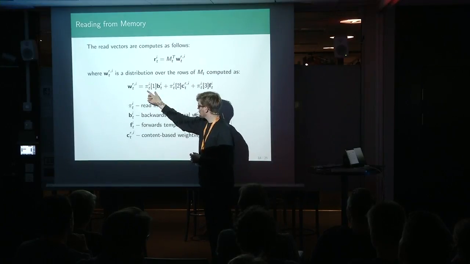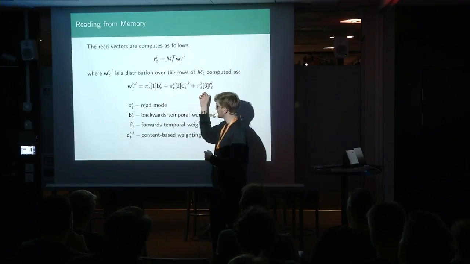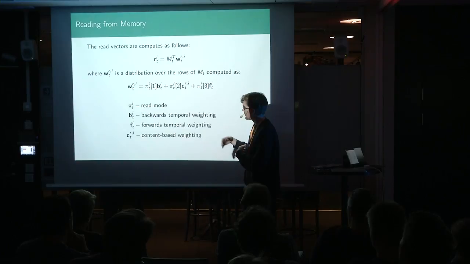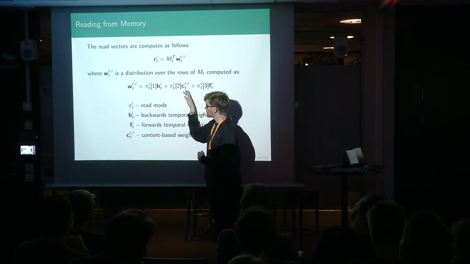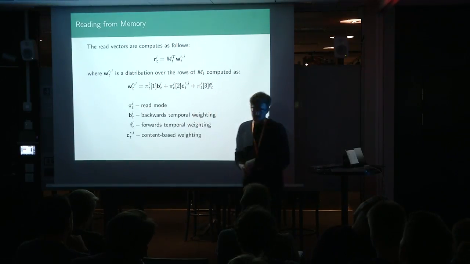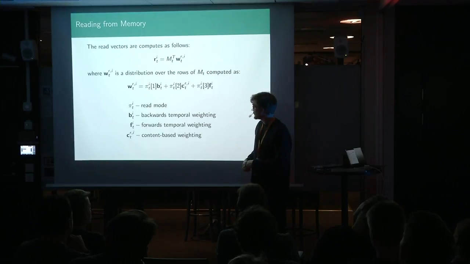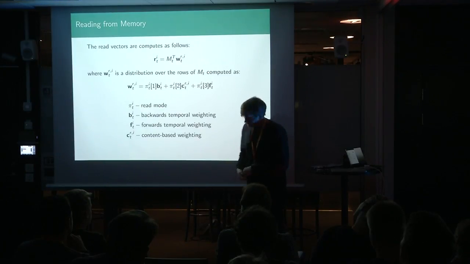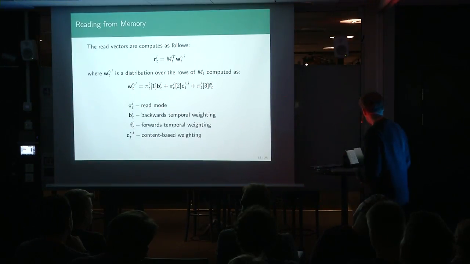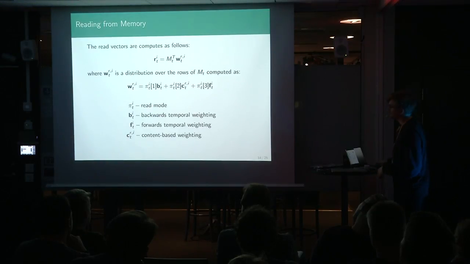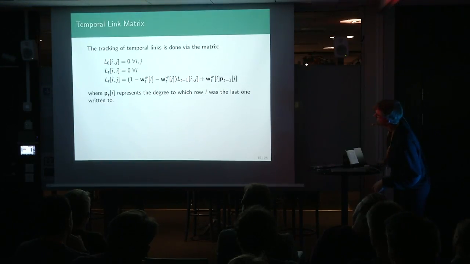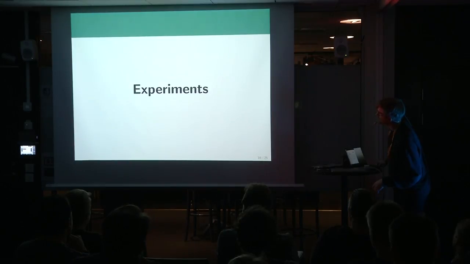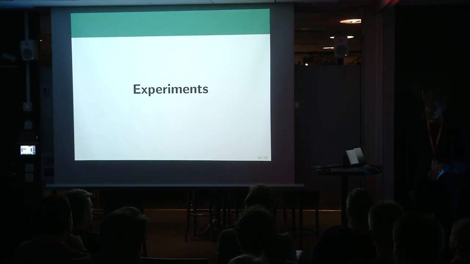And these pi give you a weight on which of these three mechanisms we should rely on. So it's like a mixture of Gaussians. Yeah, so do you have any questions about the mechanisms?